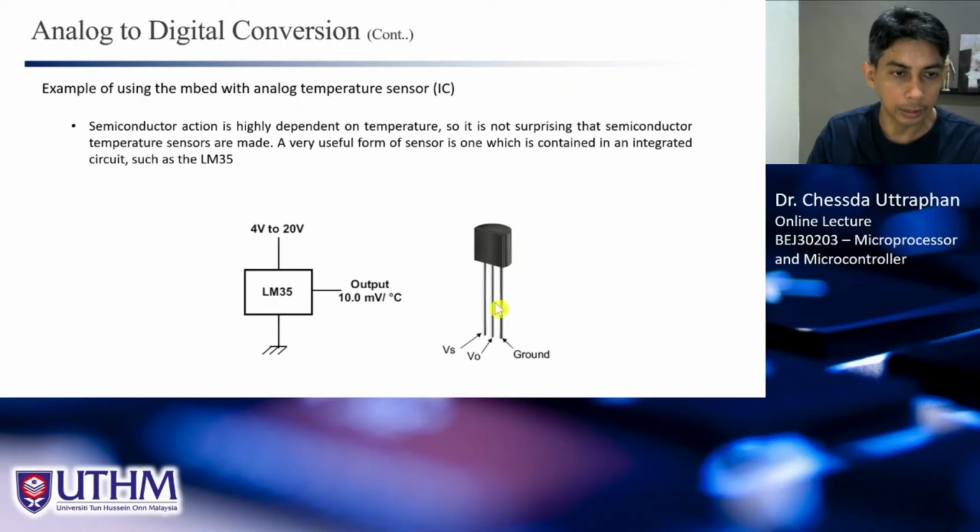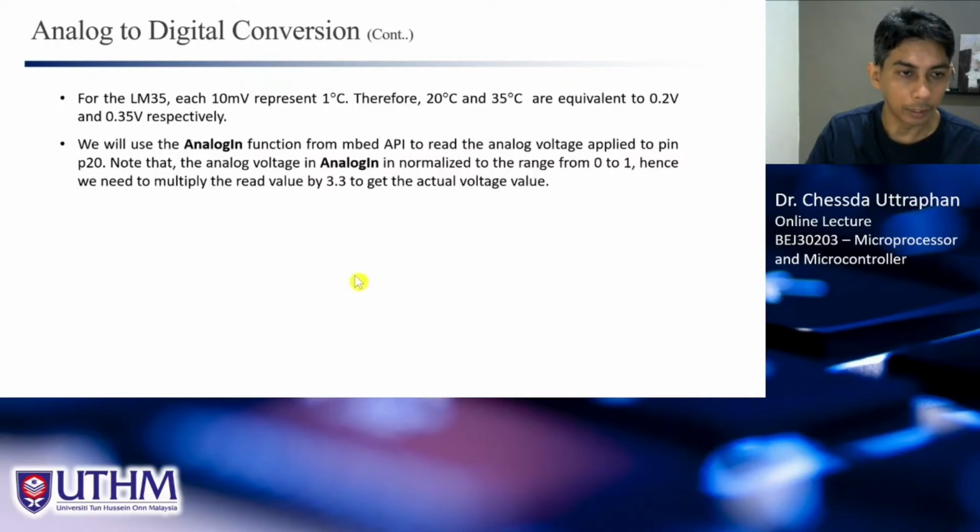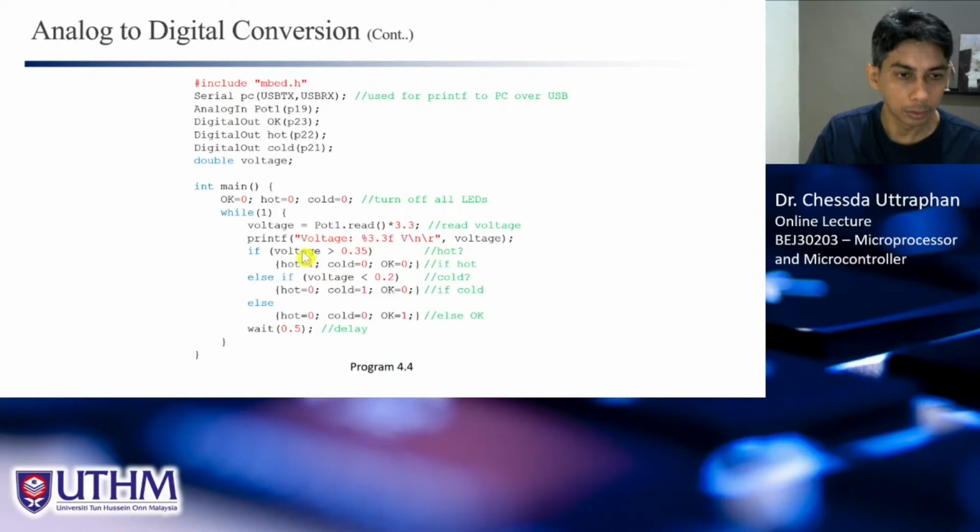This sensor converts the temperature to analog voltage, and we can read that analog voltage using our microcontroller, convert it to digital, and write the program to process the analog data that we receive from the sensor.